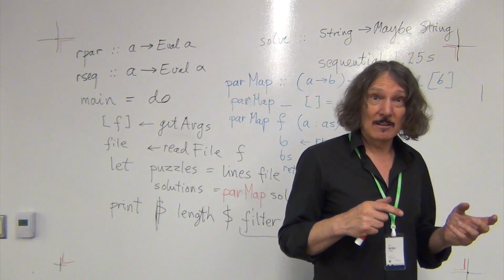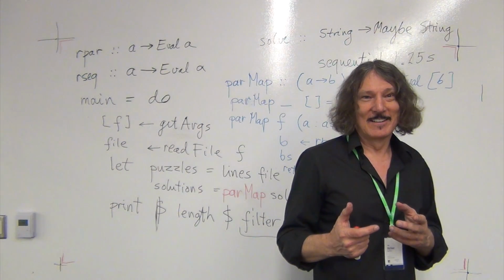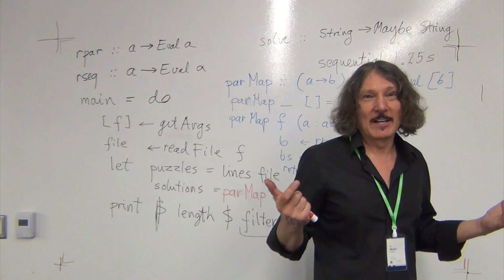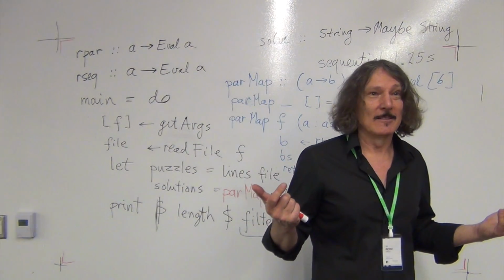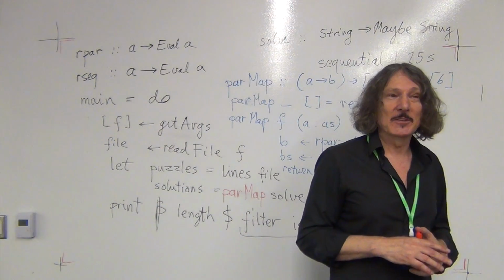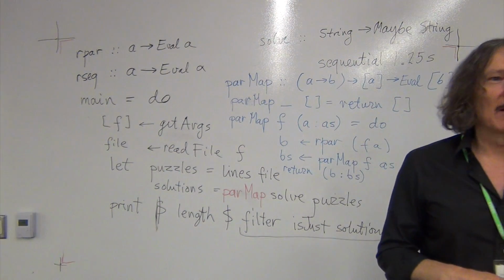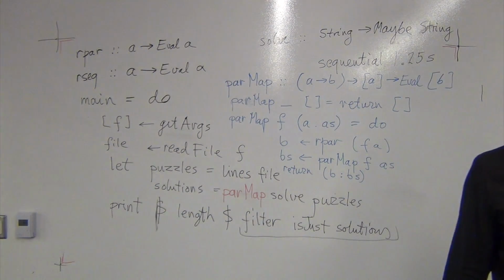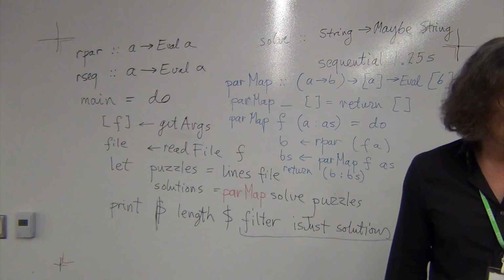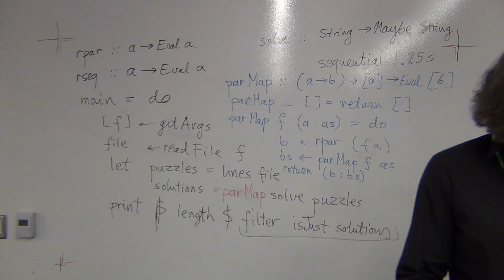Was it Nothing, or was it Just? Now, in order to find that out, we have to solve the puzzle. There's no way around it. So we don't have to force anything, because shallow evaluation is fine in this case. It forces the solution of the puzzle anyway.